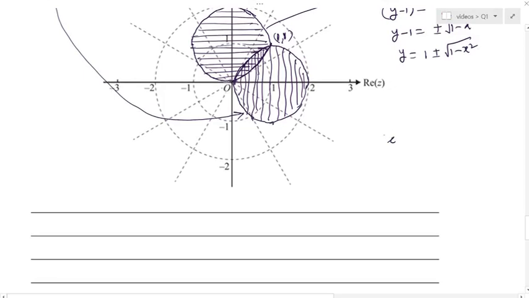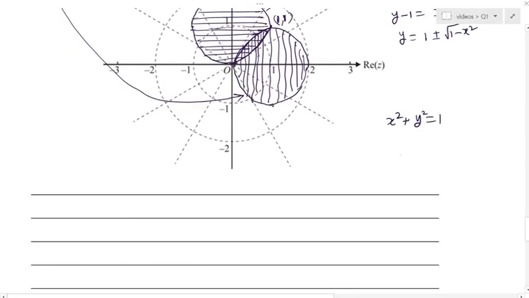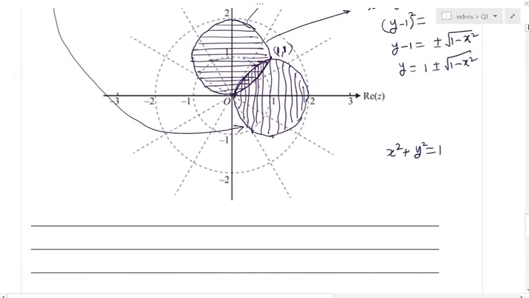If you have this equation of your circle, x square plus y square equals 1, then your y is equal to plus minus square root of 1 minus x square. Now this does not represent a proper function. Why? Because if you draw a circle, you get it like this, and it doesn't pass the vertical line test. So it is not exactly a function.